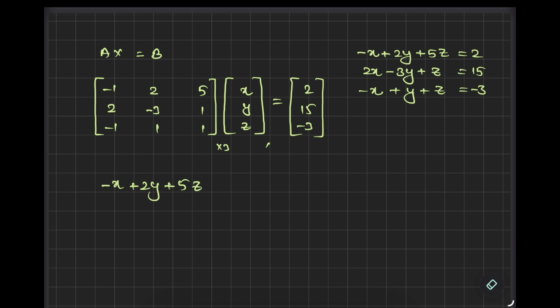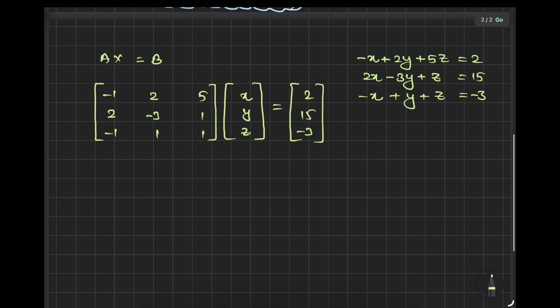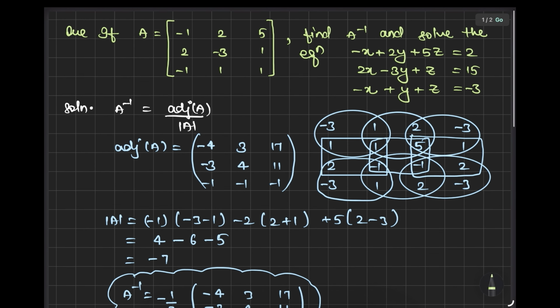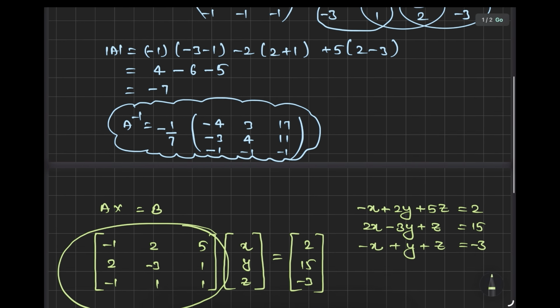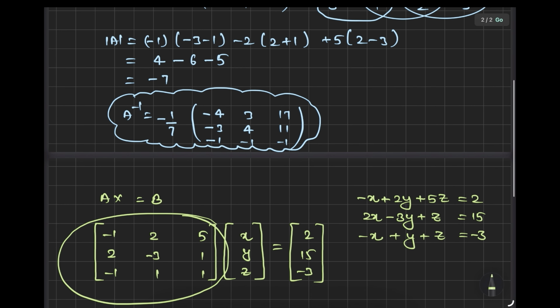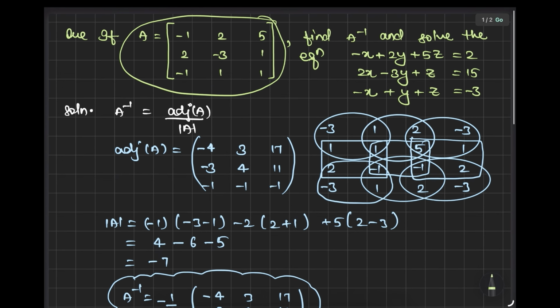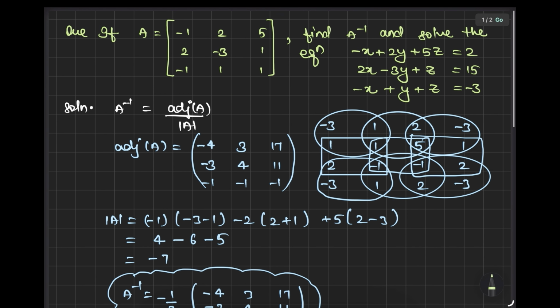I hope this idea is clear. Now look at this. Don't you think that this was the same matrix? Yes, it was. So we already know who is A inverse.